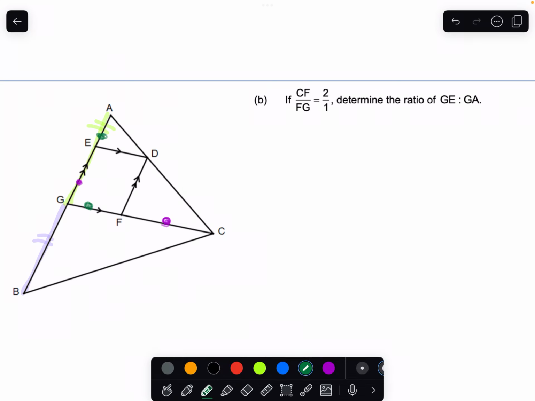I'll put little marks so that I remember that these are all in the same ratio.